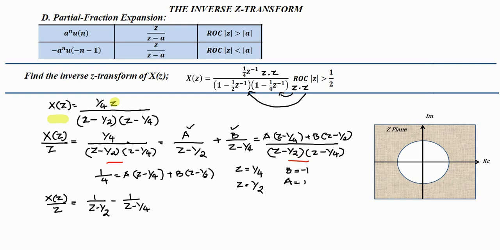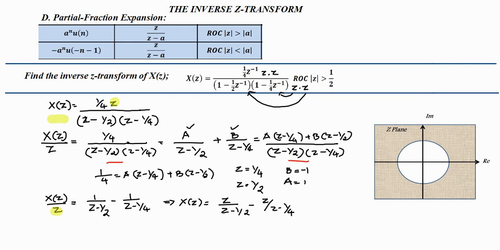Now we can multiply this z to the right side and rearrange the equation like this: X of z becomes z by z minus 1 by 2 minus z by z minus 1 by 4.